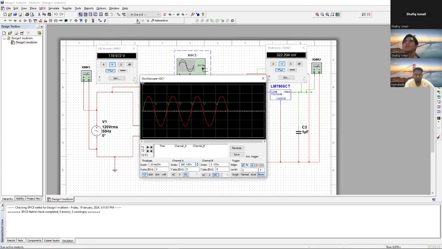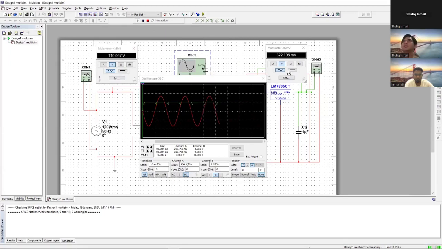Okay, I run. Here is the result: this is the input and the output that we get. This oscilloscope graph shows the current from our turbine through the transformers, and this is the output that we get. I think that's all from our team.